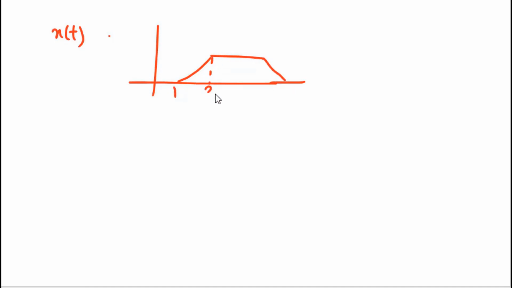So now you have x of t like this: this is your 1 and this is 2, this is 3 and this is 4, and this value is 1. This equation from 1 to 2 can be written as t minus 1. I am writing these expressions using the line equation.